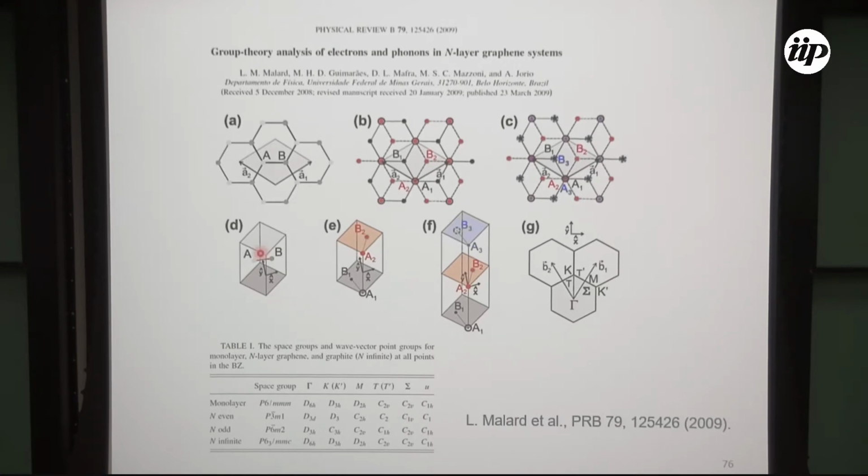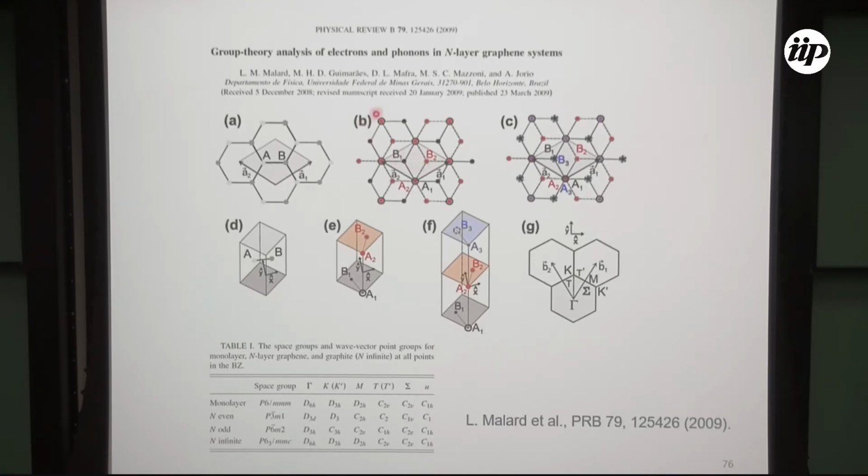But look at the two-layer graphene. We don't have the translation in Z. This is like a two-dimensional thing. You cannot rotate and make a translation because we go into the empty space. So you don't have the possibility to have this translation around Z.